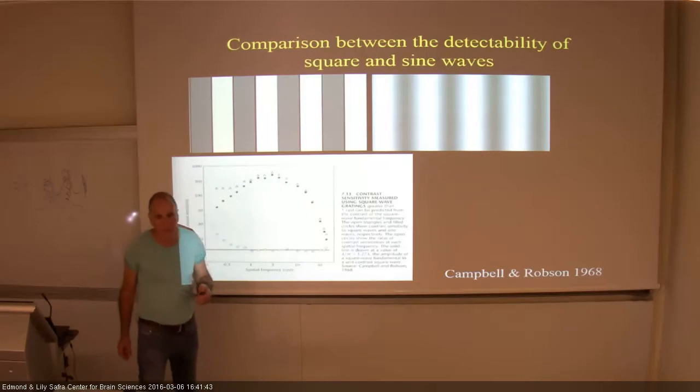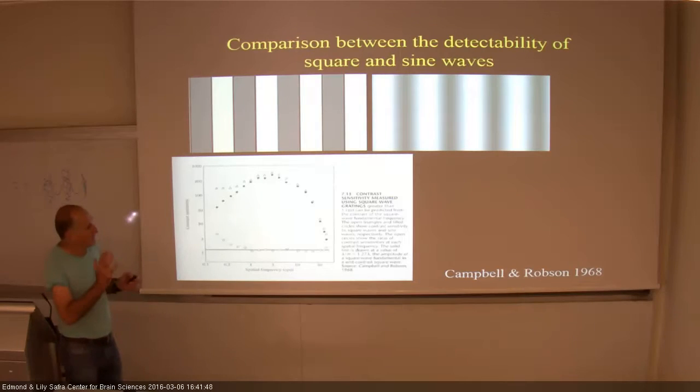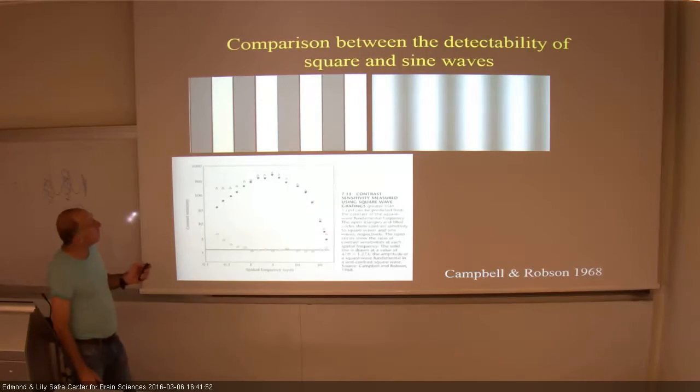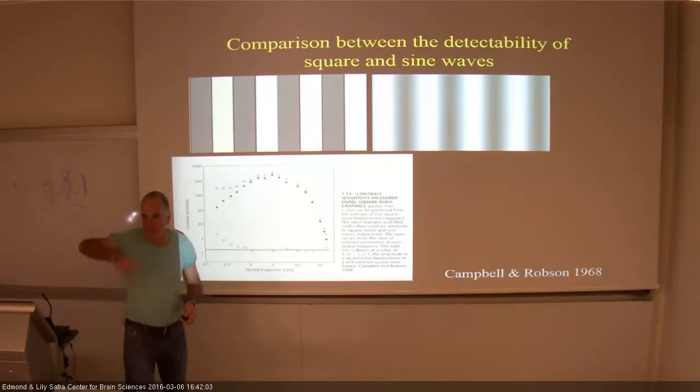Okay, last thing which relates to Fourier analysis, beautiful stuff, Campbell and Robson from '68 that I want to mention. What if you're now using two types of stimuli? One is what's called a sine wave grating. This is what I drew before, modulated in a sinusoidal way.